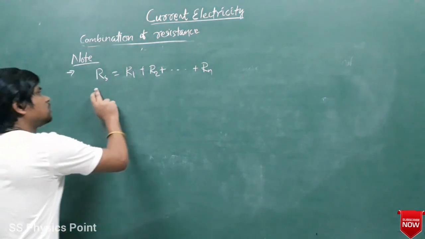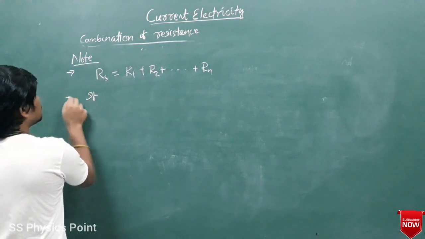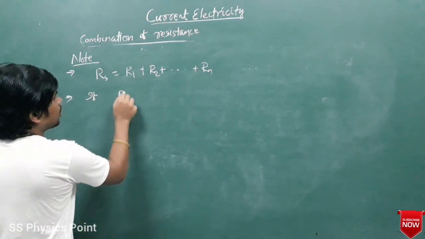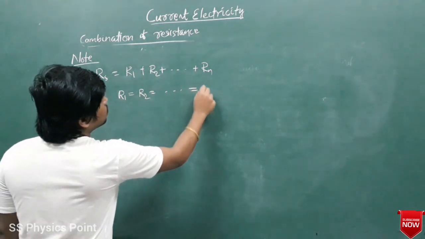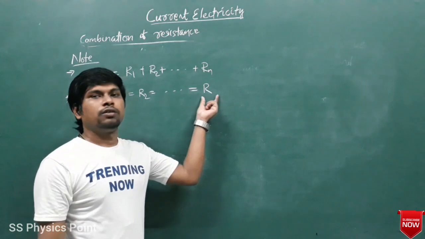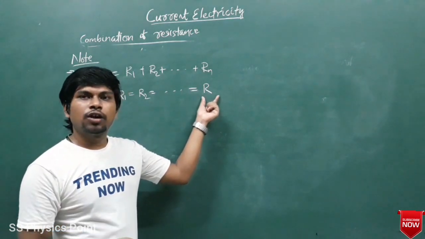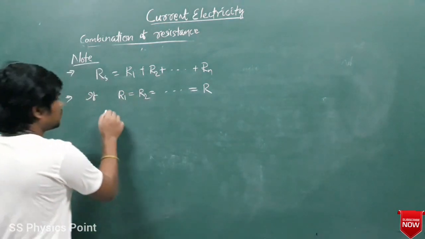सपोज सबका रेजिस्टेंस मान लो सेम है. If suppose writing the second point, if R1 equals to R2 equals to suppose R, सबका रेजिस्टेंस मान लो कितना है R है, तो इक्विवेलेंट रेजिस्टेंस कितना होगा? सबको मिला लो, इधर जोड़ लो, so ये कितना हो जाएगा Rs.